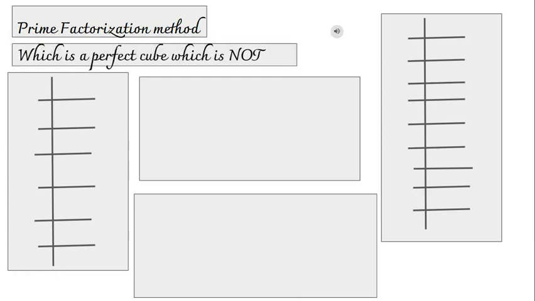Because every number is not a perfect cube. For example, we are given two numbers, 15,625 and 8,000. If I ask you which is a perfect cube and which is not, how do you know?